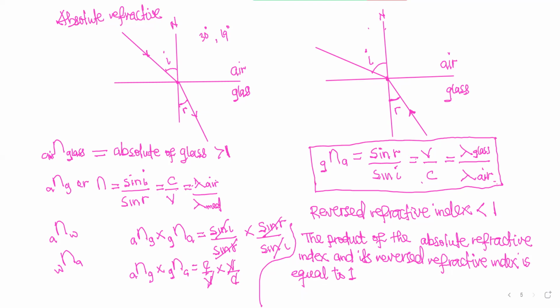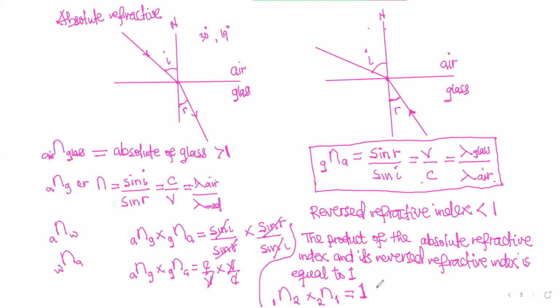So generally, we say that the refractive index as light moves from 1 to 2, times the refractive index as light moves from 2 to 1, is equal to 1. So 1 is the first medium, 2 is the second medium.